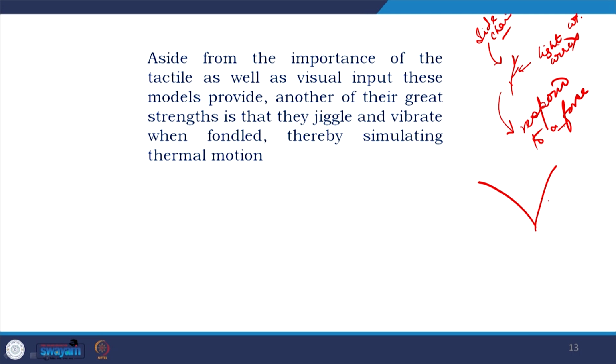If this has bigger amino acids and this has lighter or smaller amino acids, they would jiggle or vibrate differently, giving an idea about the thermal motion.